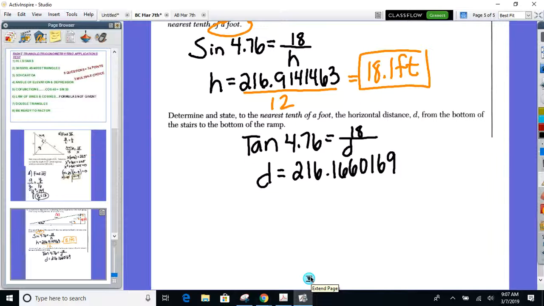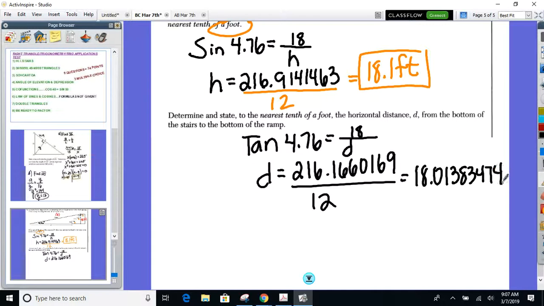But that's in what units? Inches, right? So we still have to divide by 12. Okay. So that's what I'm getting for feet. Everyone all right?